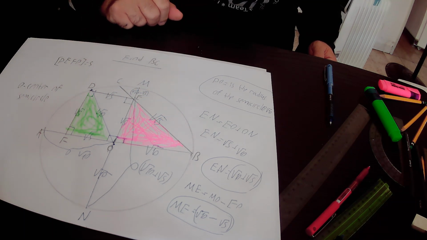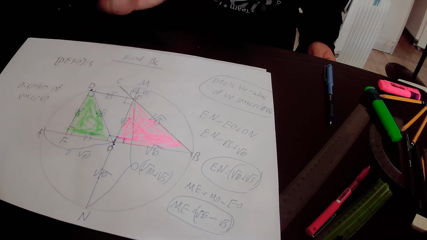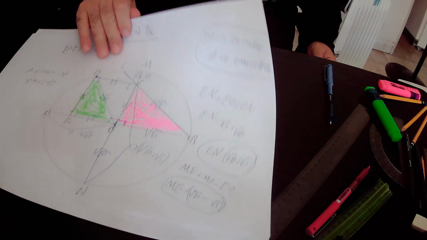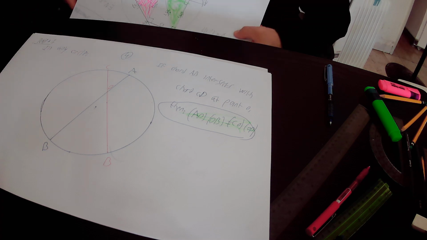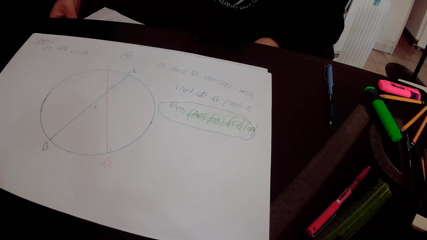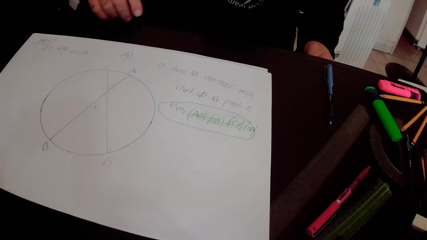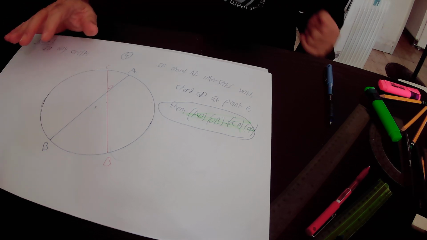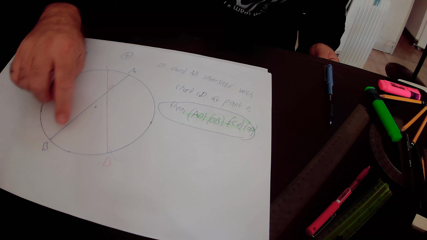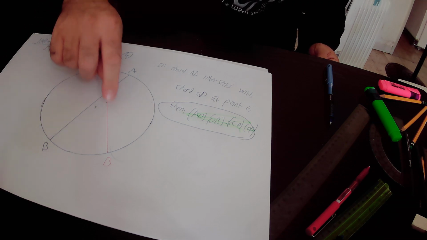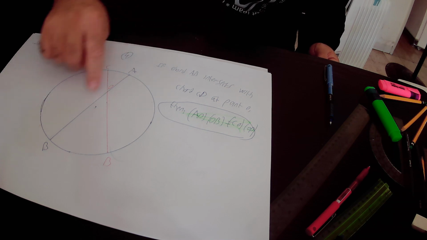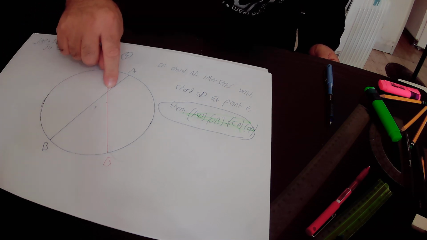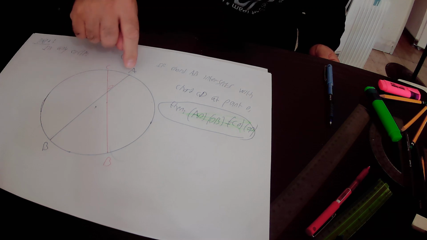In the next step, I presented to you a new rule number 2, and we implement rule number 2 in our drawing. Rule number 2 is true in any circle. So if we have this circle, which could be any circle, and chord AB that intersects with chord CD, the red line, at point O. Point O is the intersection point between the two chords.